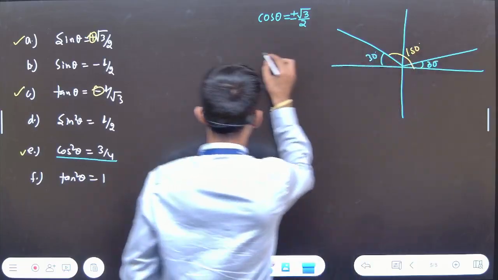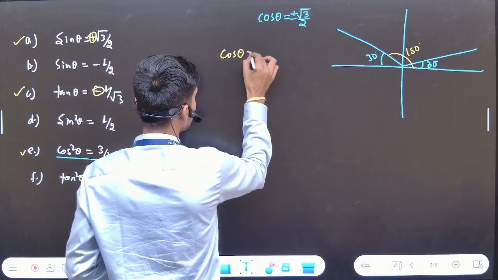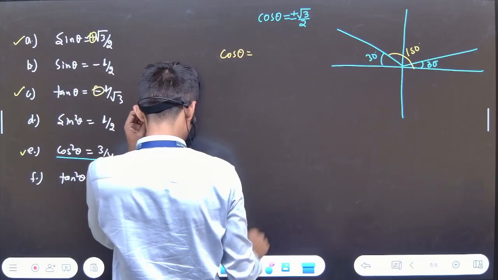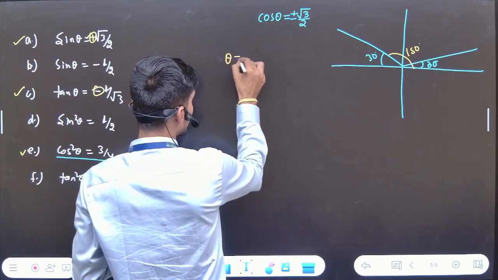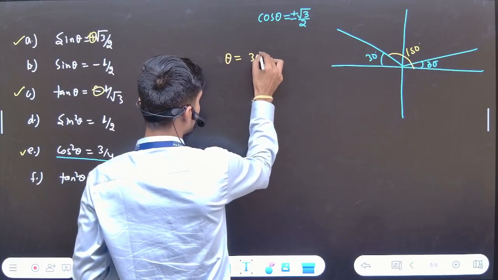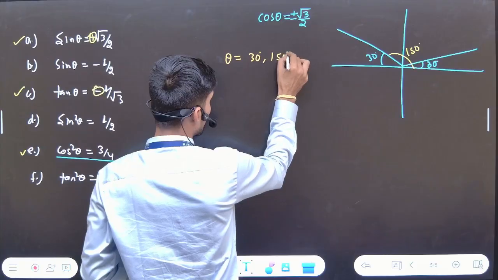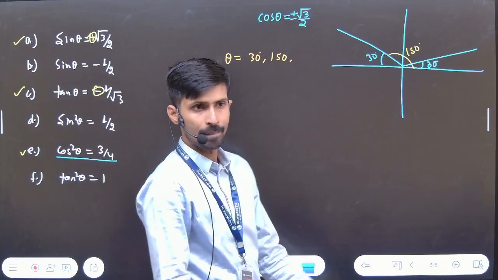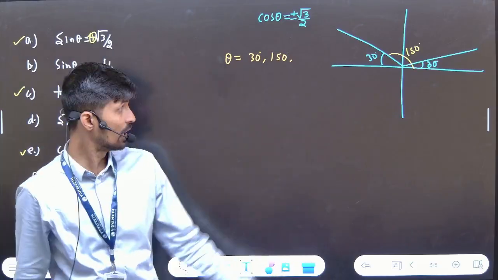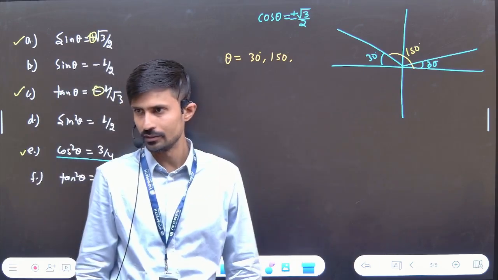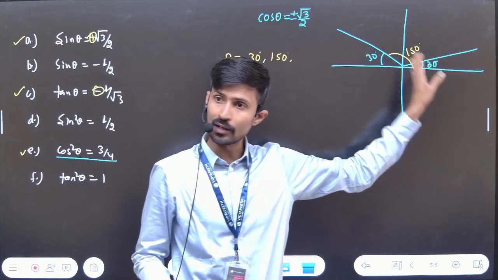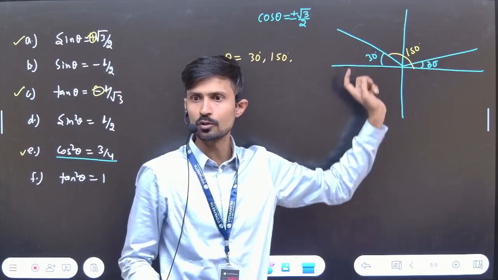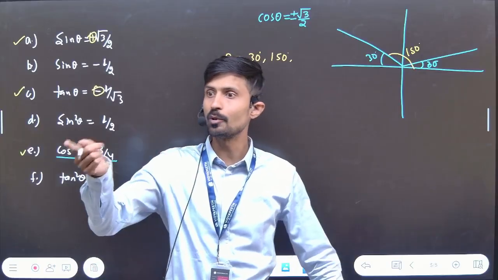So here for one angle, cos theta is equal to, we are getting theta. Now we are ready to write theta. Theta is equal to first 30 degree, second 150 degree. Third, in the third quadrant how will you find it? Every time, you have to find the first quadrant angle, between 0 to 90 degree, whether it is positive or negative.